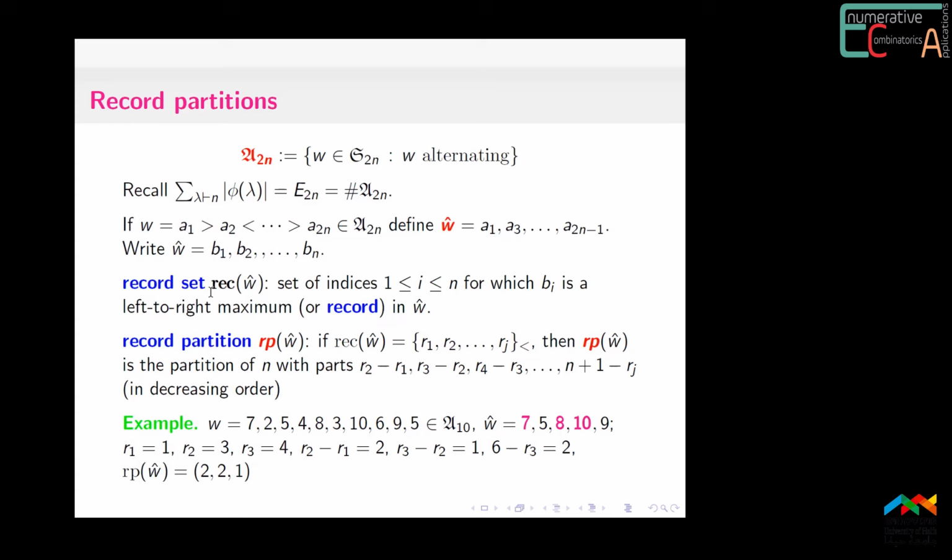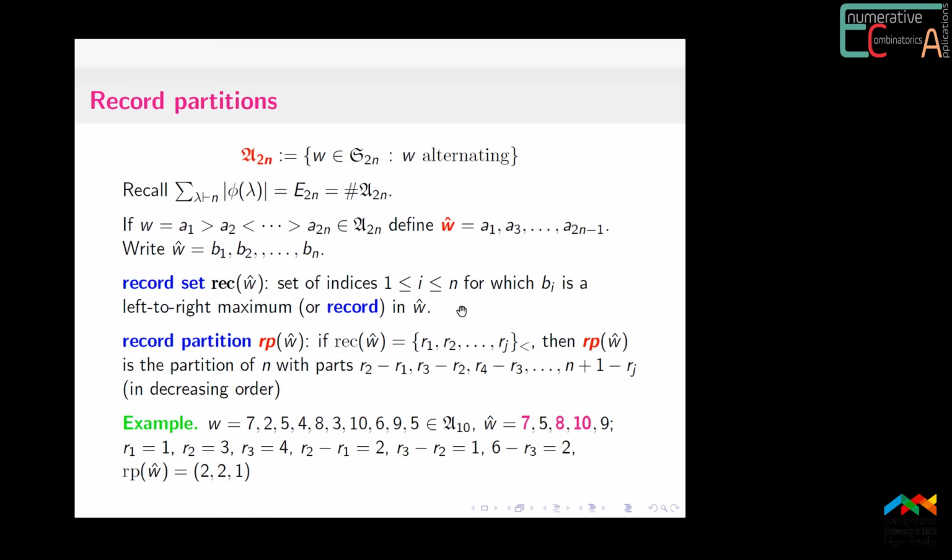Now the record set rec of W hat is the set of indices for which b_i is a left to right maximum, or record, in W hat. It's like you read W hat from left to right, and every time you see a number that's bigger than all of the previous ones, that sets a record.